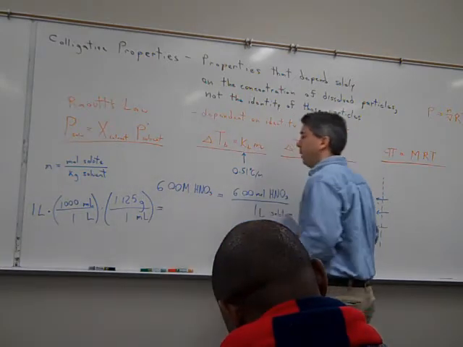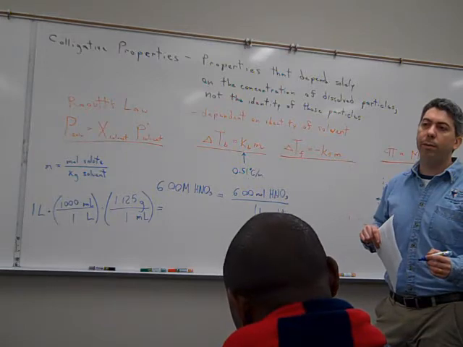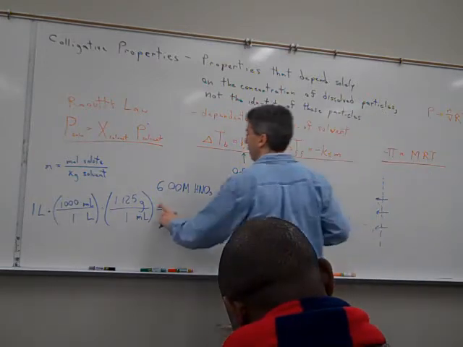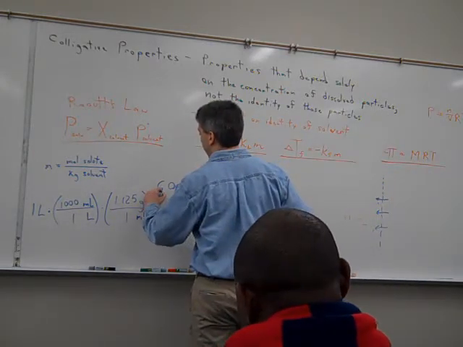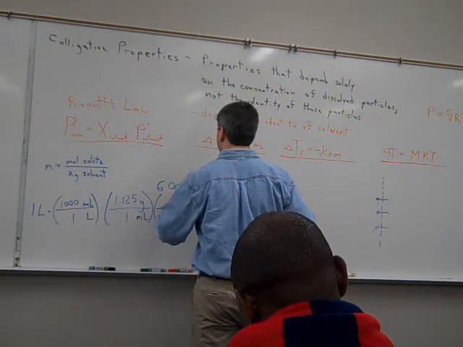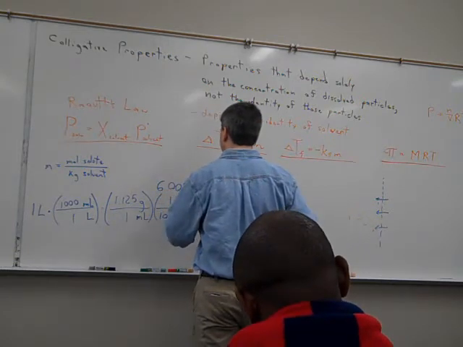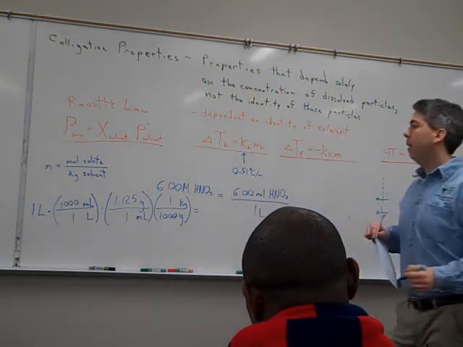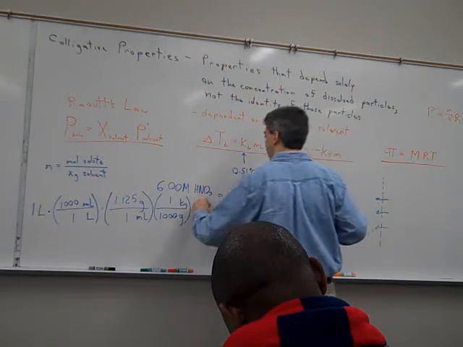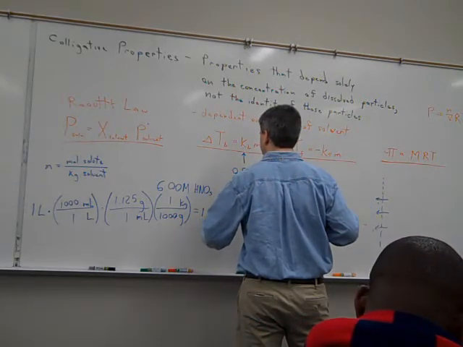I could convert to kilograms at this point, but I'm not going to. Okay, yeah, I do. So I'm going to go ahead and convert grams to kilograms. And this will give me 1,000 grams is equal to 1 kilogram, right? And that's going to leave me with 1.125 kg.